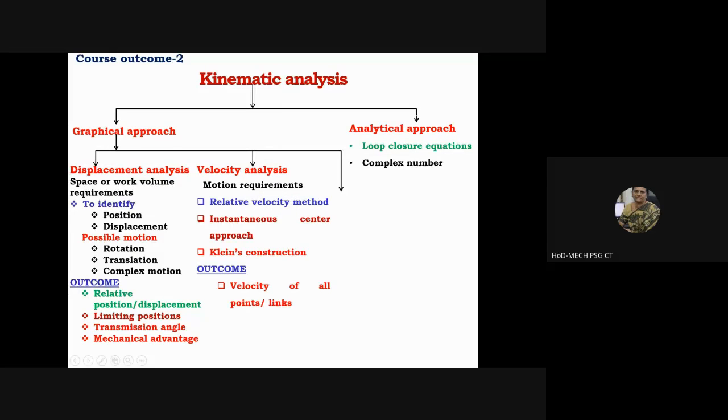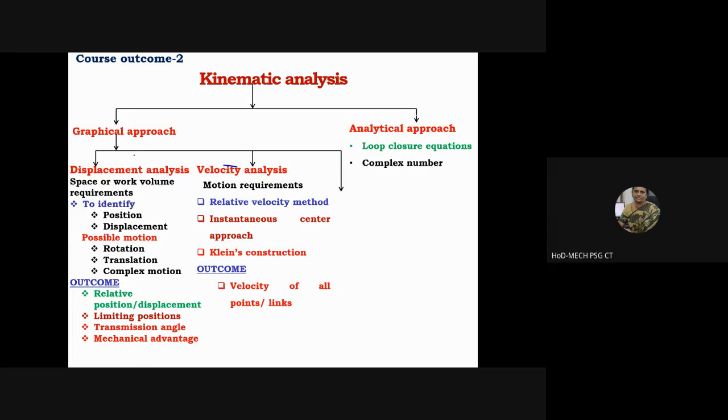Okay. So kinematic analysis can be carried out using the graphical approach or the analytical approach. A graphical approach is what we're going to start with. Initially, we will make a displacement analysis or a position analysis. And then we go ahead with the velocity analysis.